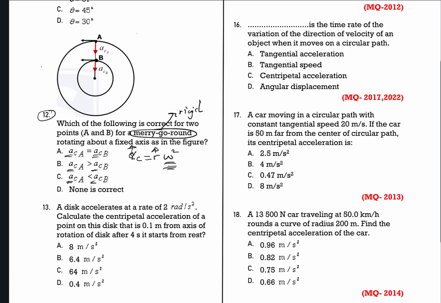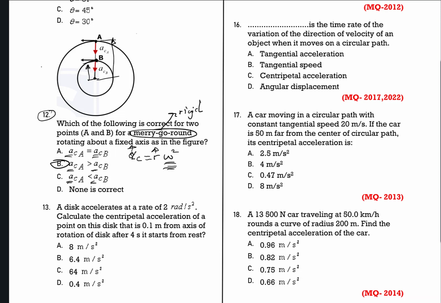That is, the point with a greater radius will have a greater centripetal acceleration. Here, point A is farther from the center than point B, which means point A has a greater radius. That's why it will have a greater centripetal acceleration than point B. So that is the correct answer in this problem.